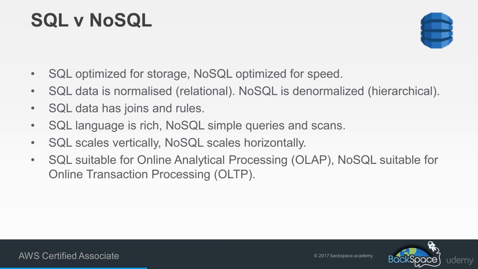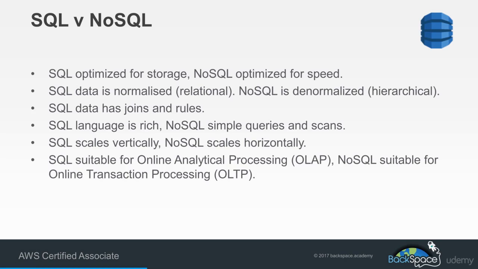And so that's how we create that normalized data, and we don't have any wasted space. Only what needs to be there is there. NoSQL is denormalized, so we could have in the one table all of that information, and it would be in a hierarchical fashion. So it does waste a little bit of space, but it's significantly faster by doing that. Now SQL data has joins and rules, so that creates a lot of overhead for a SQL database.